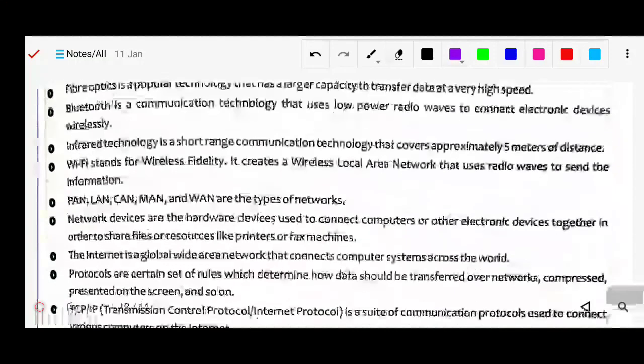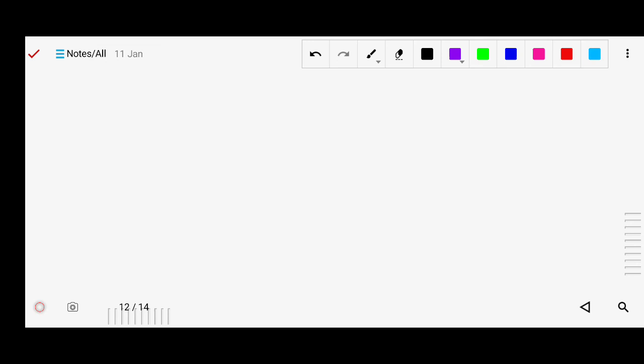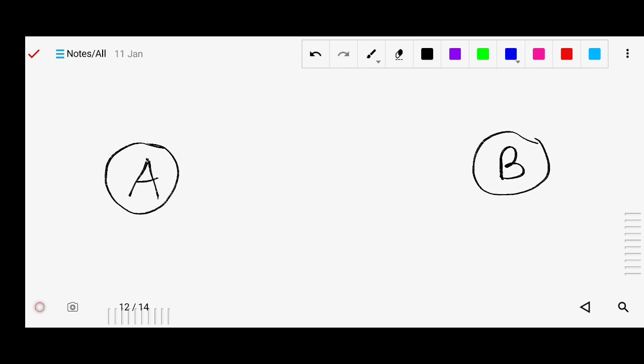So how can you understand this? In a general way, I will try to make you understand. Suppose from point A to device B you want to send an email. First of all, the connection should be there, so you make the connection through TCP. After connecting these two devices, the next part is which kind of communication you are going to do.